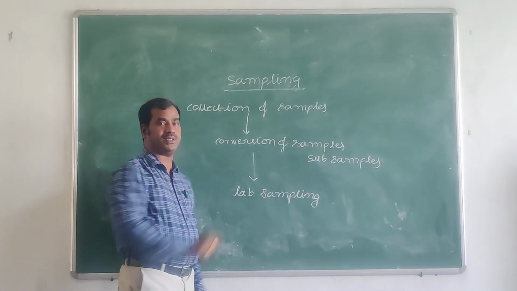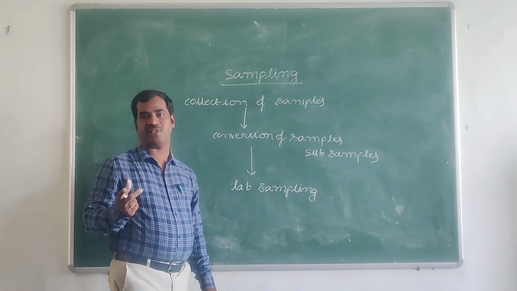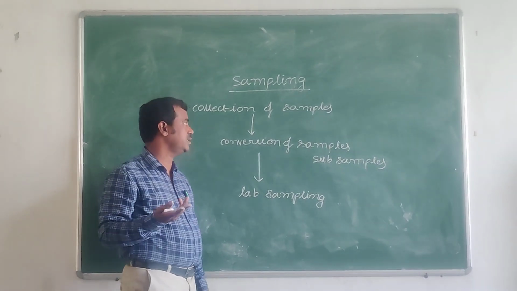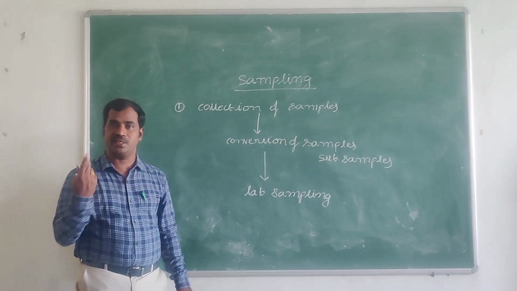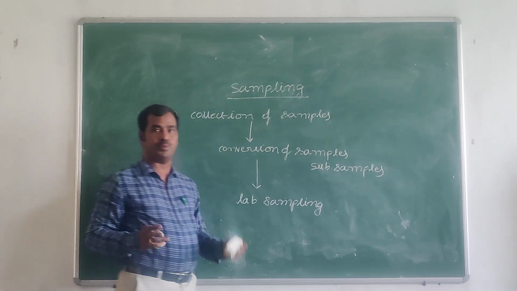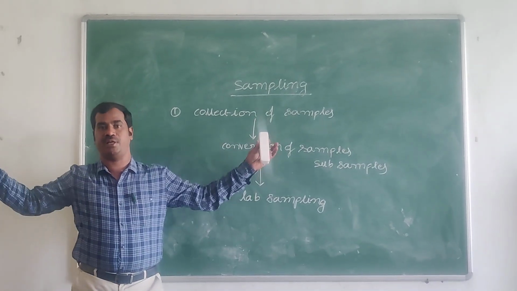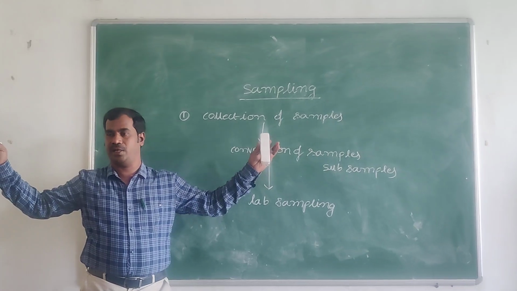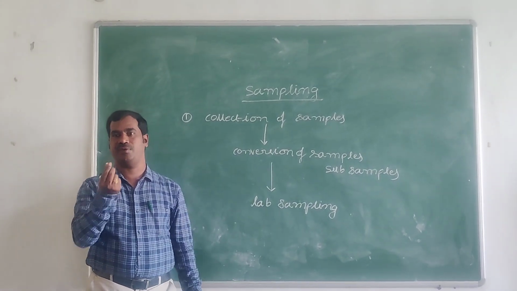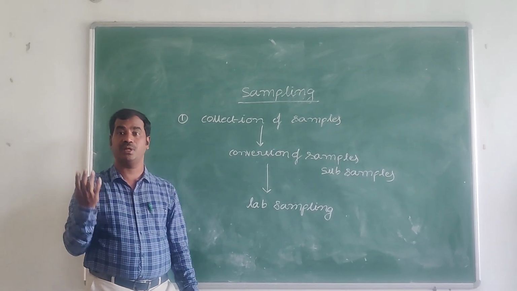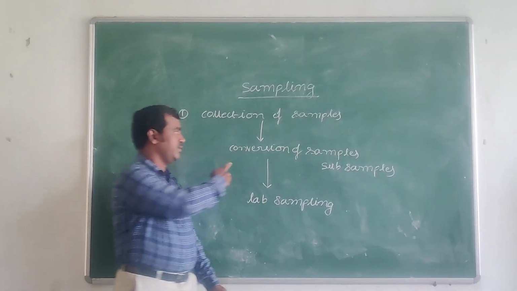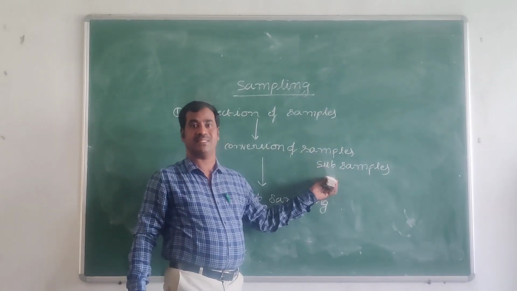First, collection of samples, because different types of samples have different methods of collection. Solids have different methods, liquids have different methods, gases have different methods. That is called collection of samples. Suppose we collect a large quantity of solid samples like 200 kg, 300 kg, but we don't have methods for that much quantity of sample. We have methods for a small quantity of sample. How the large quantity of samples is converted to a small quantity is the conversion of samples, which are called subsamples.